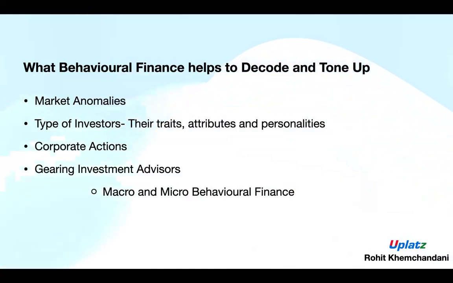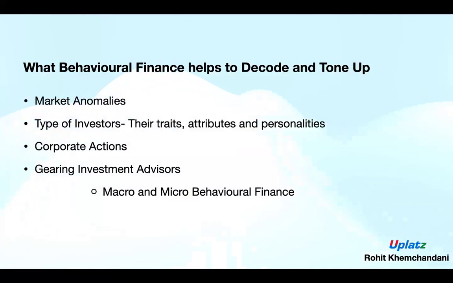Suppose there is a very auspicious day on which there is a lot of purchase of stocks. It's considered great to put money in the stock market on that day. But fundamentally there is no reason that buying should go up. Yet on that particular day, many people put money in the stock market and buy stocks.